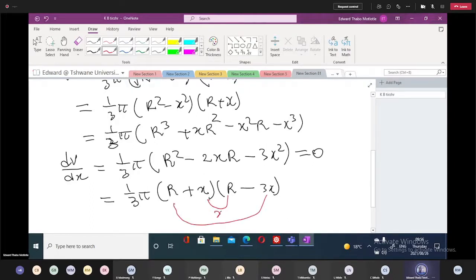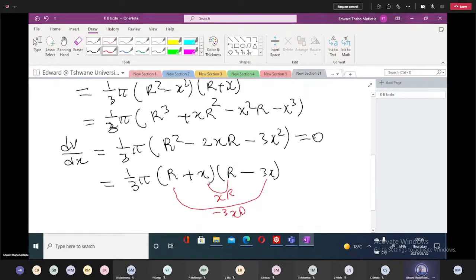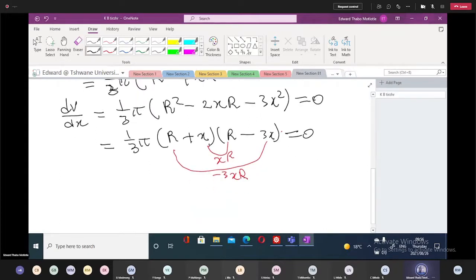The inner is xR, the outer is minus 3xR. If you subtract these two, we get the middle term. So this means my factorization is correct. So this is equivalent to 0. So we have x equals minus R, and we are not interested in this. It's negative, and we want a positive answer in this case. So we have x equals 1 over 3 R.